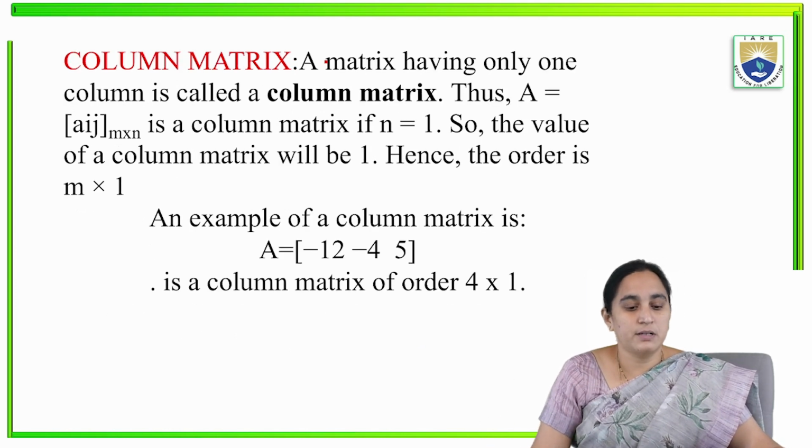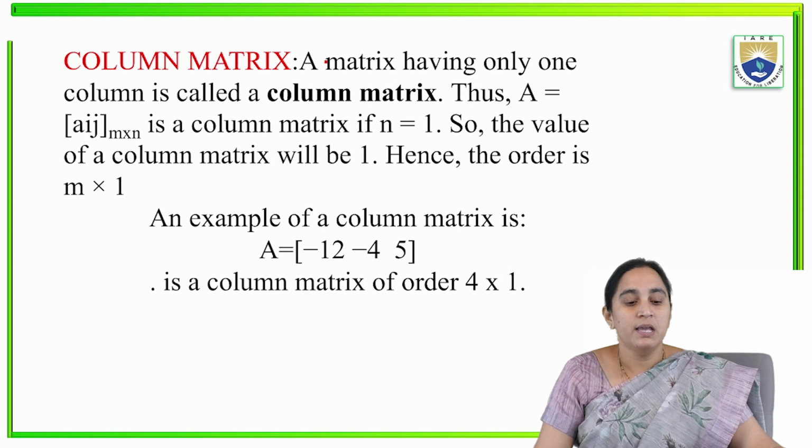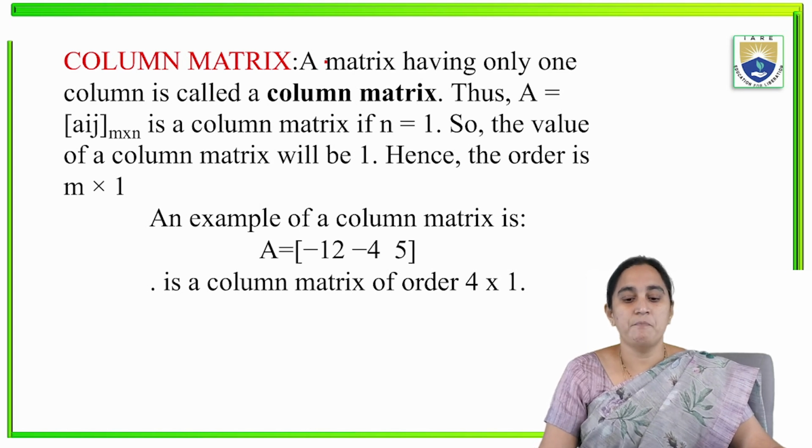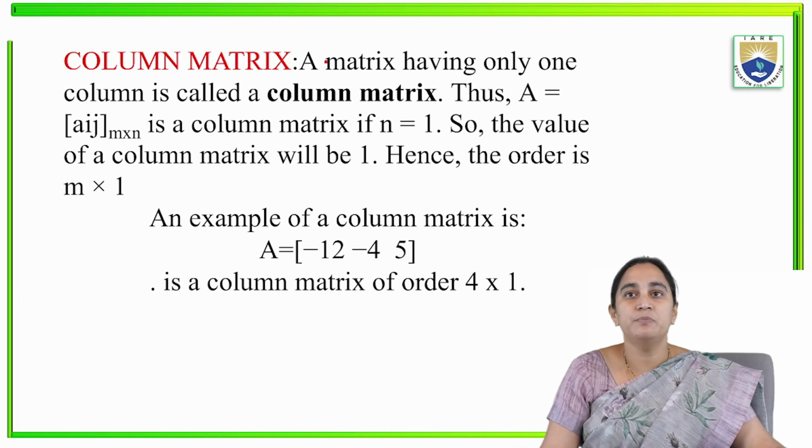The next type of matrix is the column matrix. What is a column matrix? Same as the row matrix, a column matrix means a matrix having only one column. So the value of n will be 1.